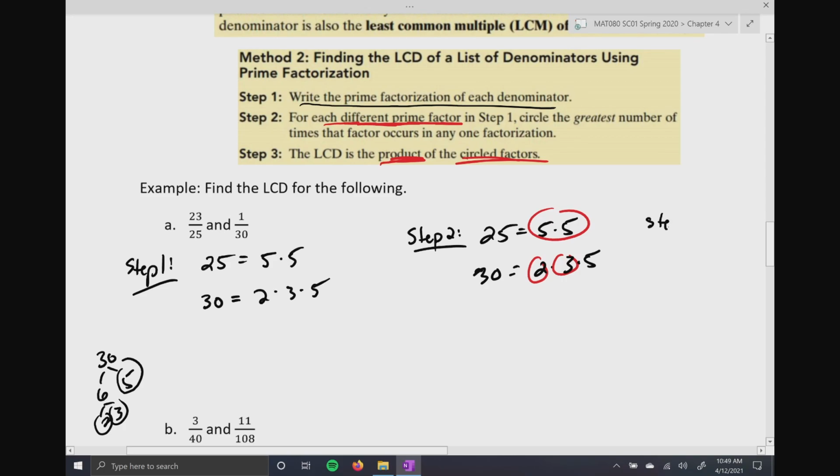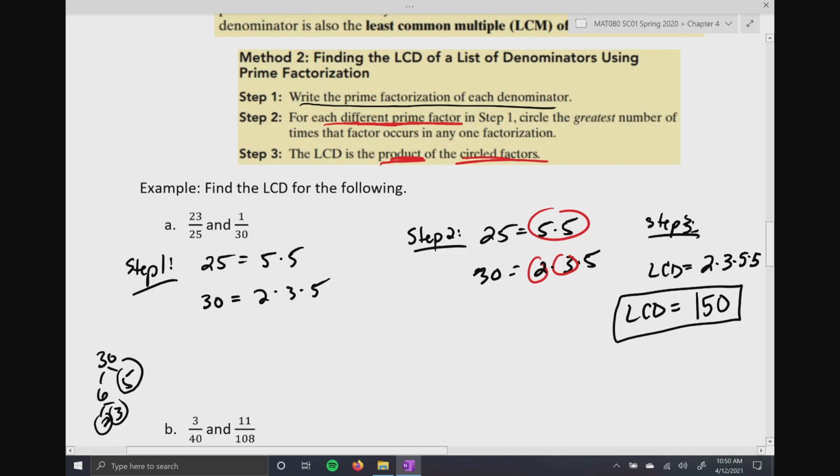All right, step 3, finally. My LCD is going to equal 2 times 3 times 5 times 5, and whatever that multiplies out to. So our LCD is going to be 6, because 2 times 3 is 6. And 6 times 25 is 150.